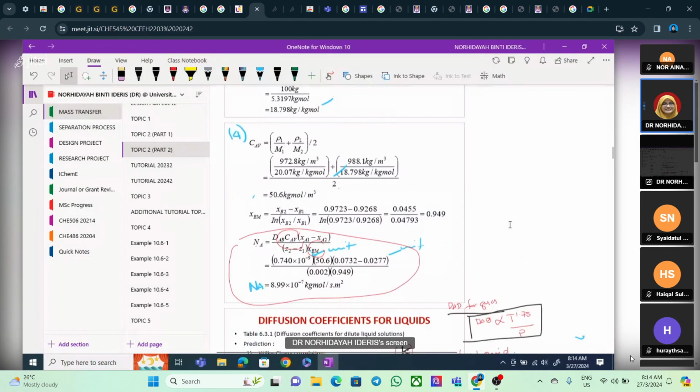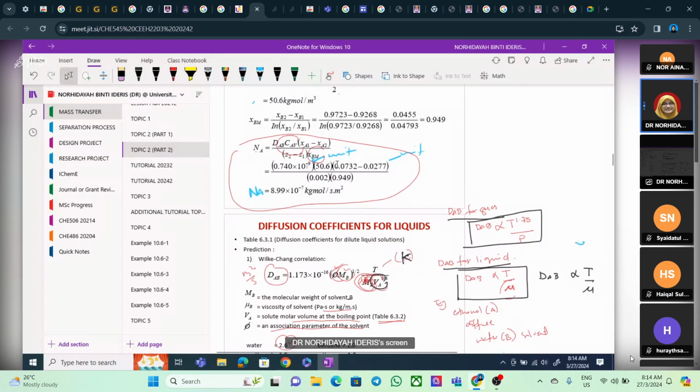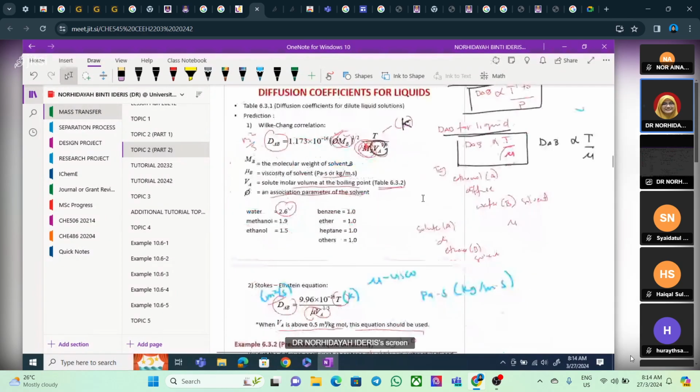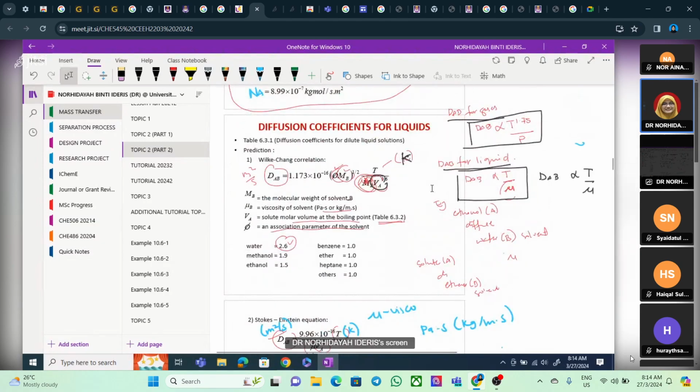Okay, so kalau buat soalan, kalau keluar soalan phase dia dalam liquid, kita take note that this CAV. Lepas tu kita nak kira diffusion coefficient for liquid kan. Kalau untuk gas kita ada correction factor, DAB berkadar terus dengan T kuasa 1.75 bahagi pressure.